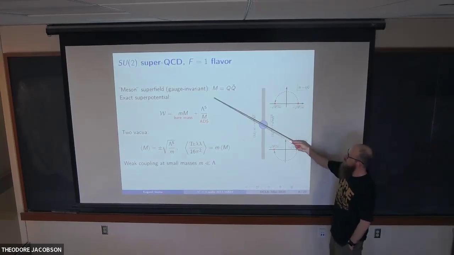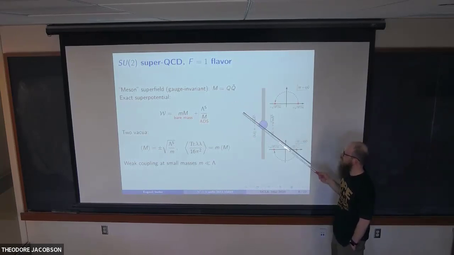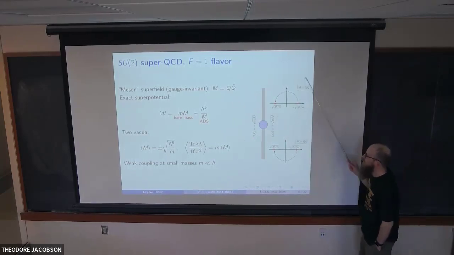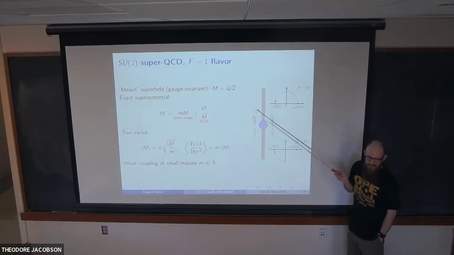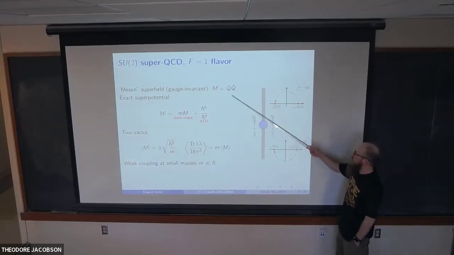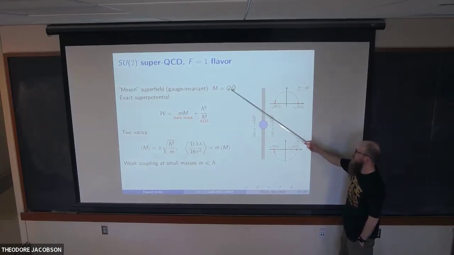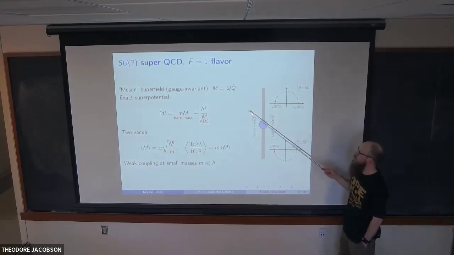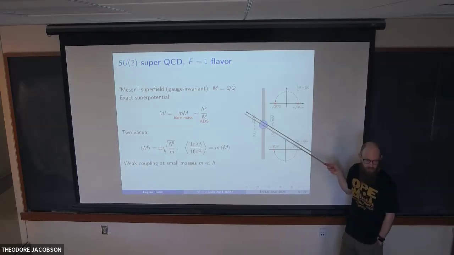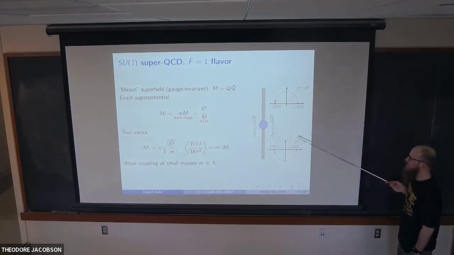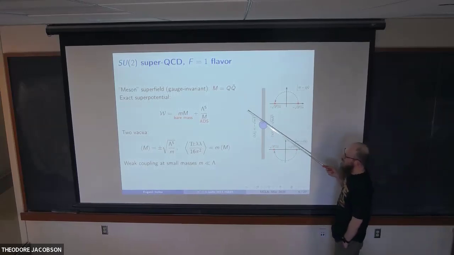So we can consider this meson superfield. It's called meson because there are two quark operators. In my notation, Q is the fundamental of the color SU(2), and Q tilde is the anti-fundamental, and color indices are contracted here. So this is a gauge invariant operator, and I will study this operator.